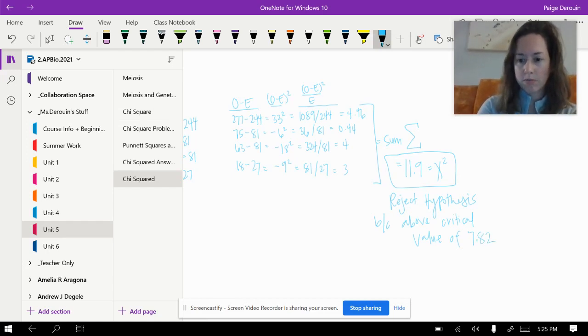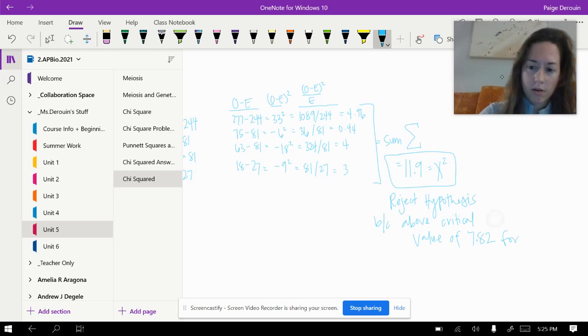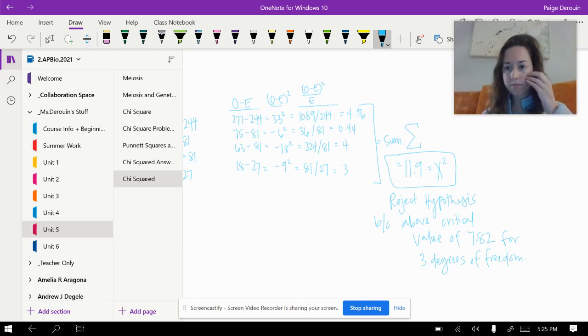And so then I'll say 3 degrees of freedom. Okay, there you have it.